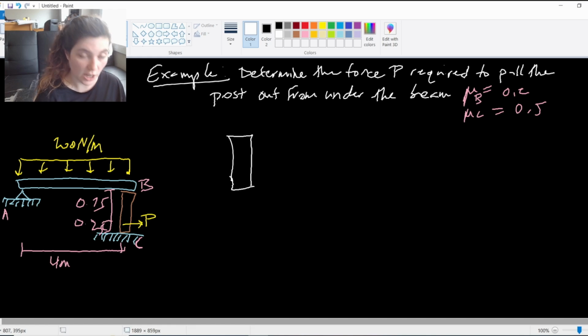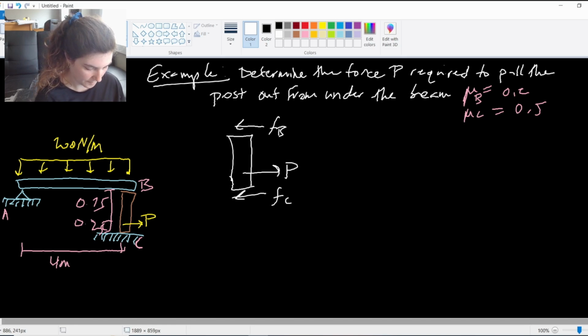So looking at just the post free body diagram, we have that applied force P that we're trying to find. And then we have the opposing friction forces at C and B, and then the normal forces also experienced.